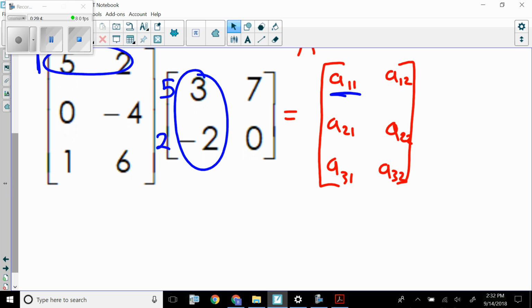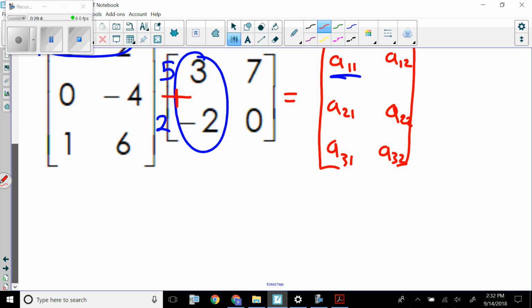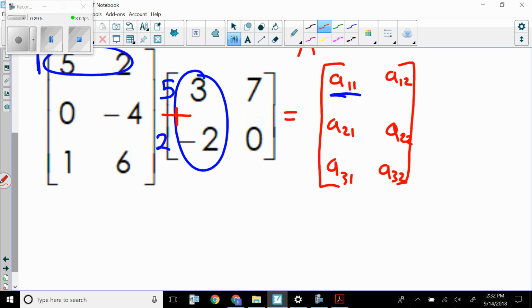So when I'm doing this, I'm going to multiply those and then I'm going to add in between them. So let me show you what it looks like. I would have, over here in my work section, the first one up here is 5 times 3 plus 2 times negative 2. First row, first column. Then I continue.